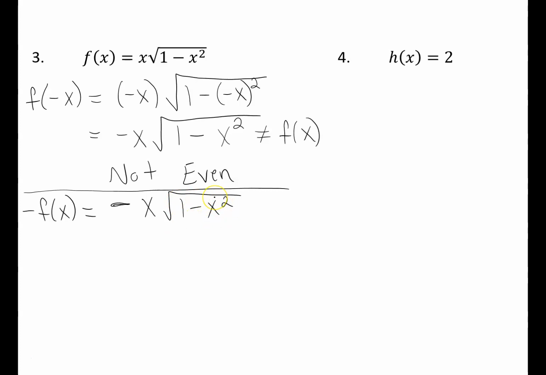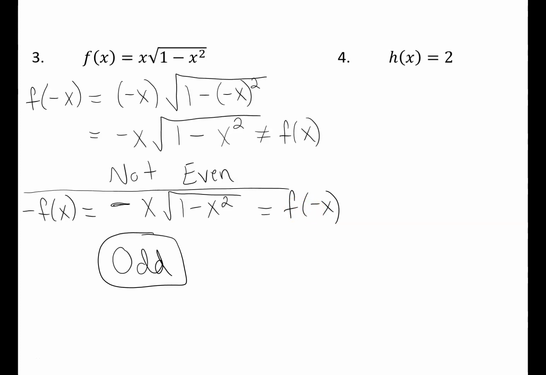And that cannot simplify any further. We compare that to our answer, f of negative x, and that is equal to that. So we're going to write that equals f of negative x. Therefore, it is odd. If the negative out front results in the same as the negative inside, the answer is odd.